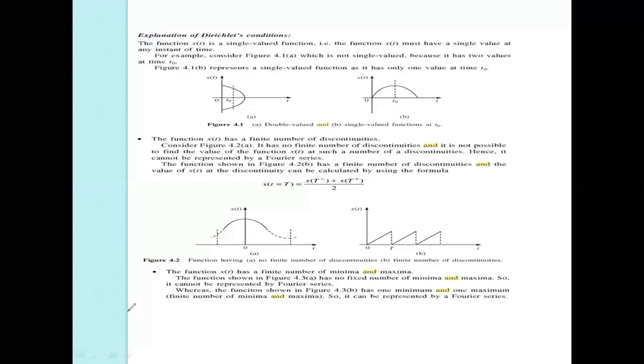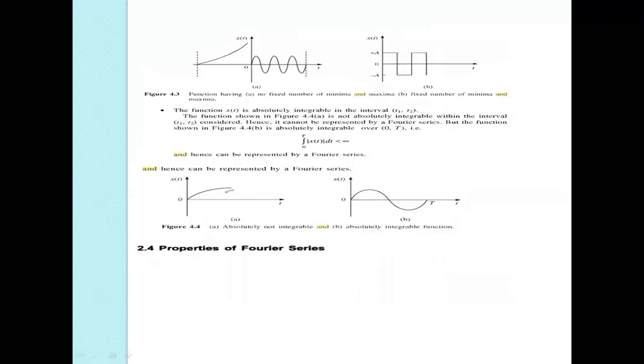The function shown in figure 4.3a has no fixed number of minima and maxima, so it cannot be represented as a Fourier series. You see here, a finite number of minima and maxima.